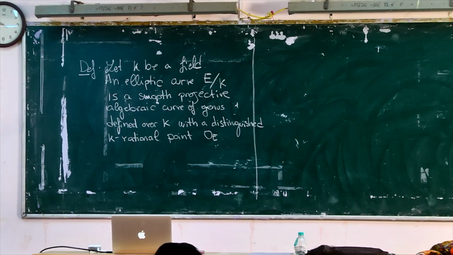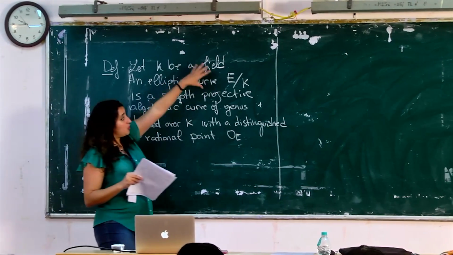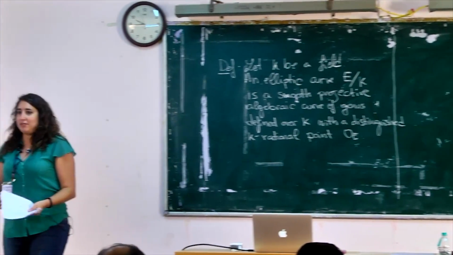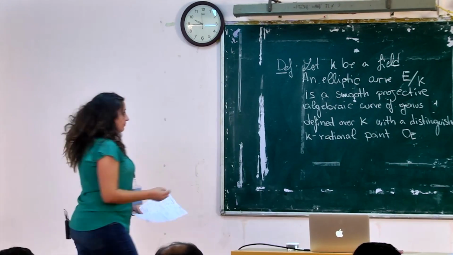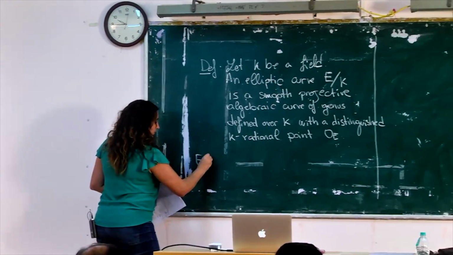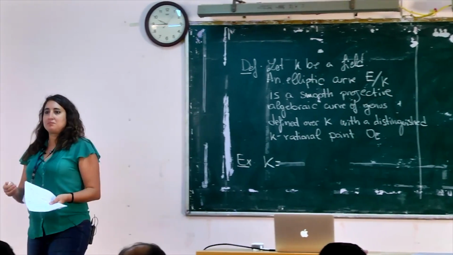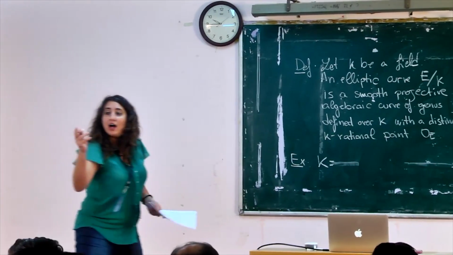Okay, so first of all, as you can see, we work over a field. Do you have any example of a field? Which field do you know? Sorry? The reals?